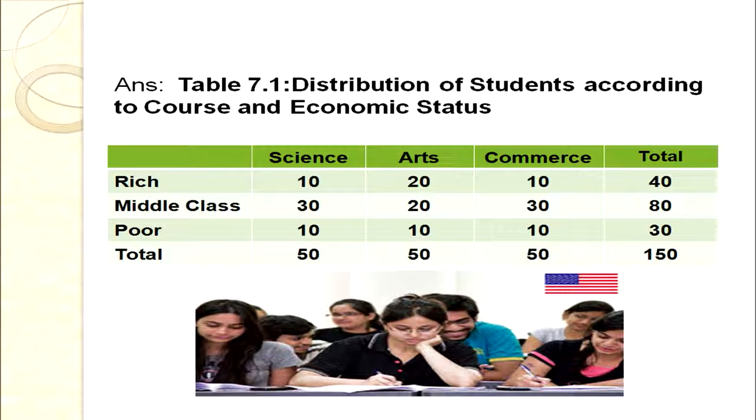Whereas for the poor families, in case of poor families, we have got 10 for science, 10 for arts, 10 for commerce, and the total becomes 30. So, now we are going to make the total. Total comes to 150 over here, and the sidewise total also comes to 150. This is how we have constructed a table.